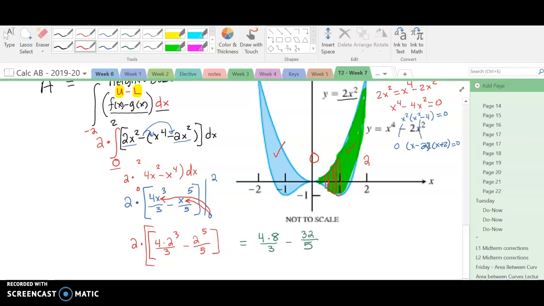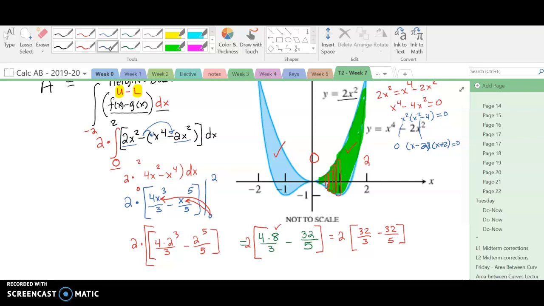When I simplify some of this arithmetic, 2 cubed is 8, 2 to the 5th is 32, and I'm going to double this entire result. So we really have 2 times 32 over 3 minus 32 over 5.